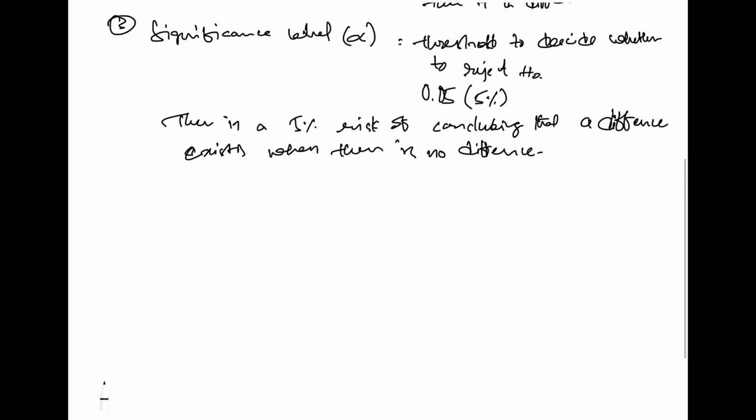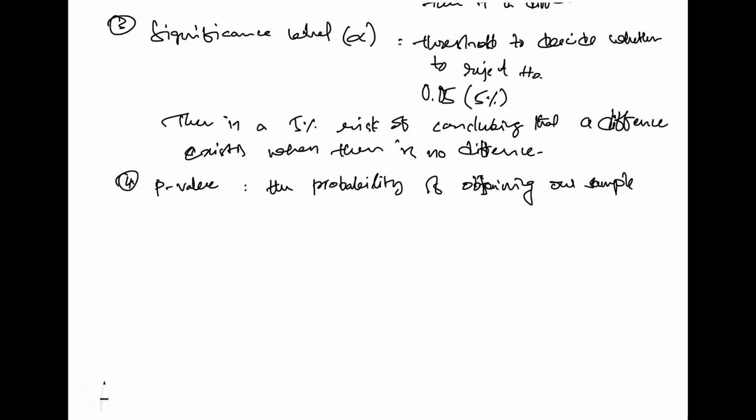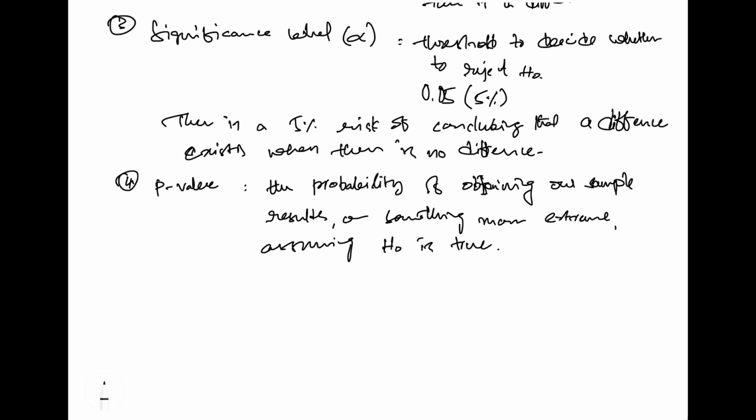Now, another thing is the p-value. The p-value tells us the probability of obtaining our sample results or something more extreme, assuming the null hypothesis H naught is true.